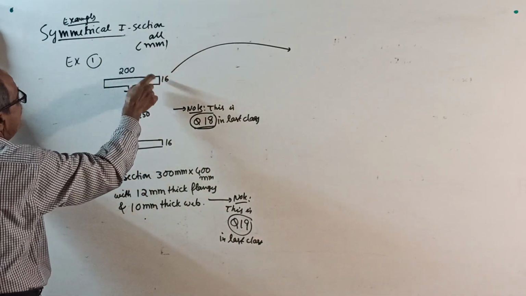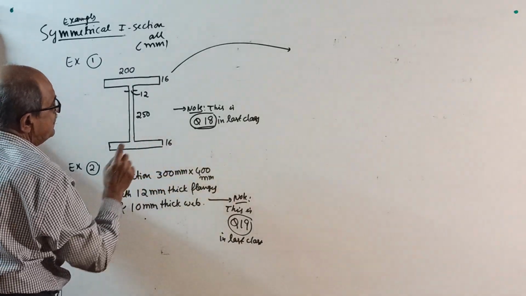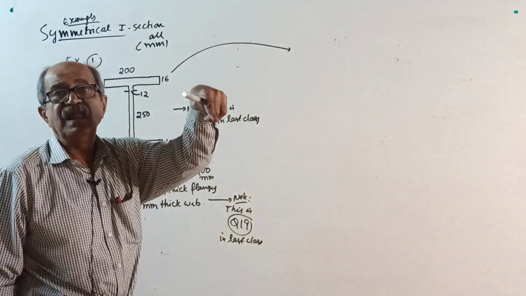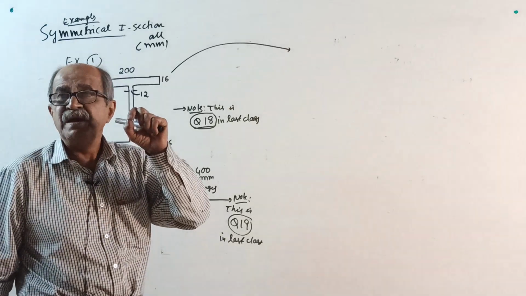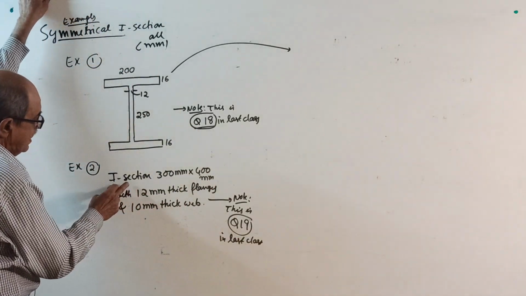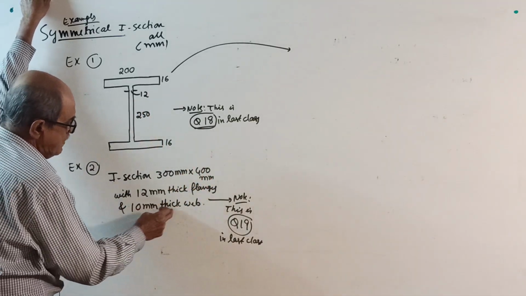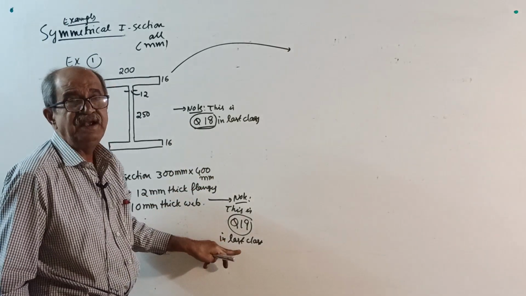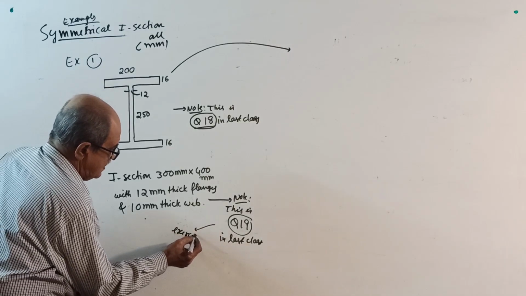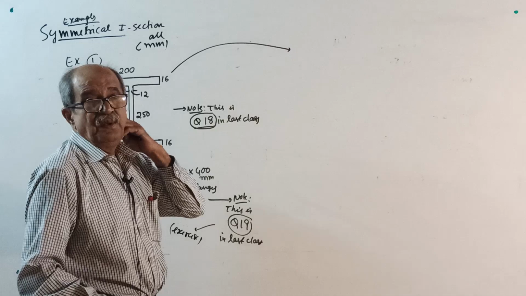All dimensions in millimeter: 216, 12, 250, and 200 by 16. Note, this is question number 18 in the last class where I explained by the parallel axis theorem. Next, I section 300 by 400 with 12 mm thick flanges and 10 mm thick web. This is question number 19 in the last class, which I gave as an exercise for you, but I have given a brief answer. Okay, now make a note.